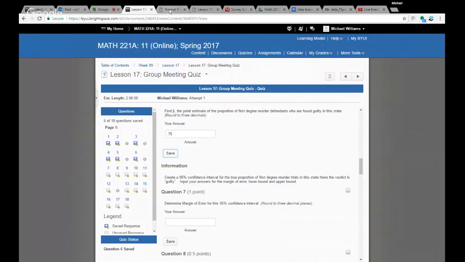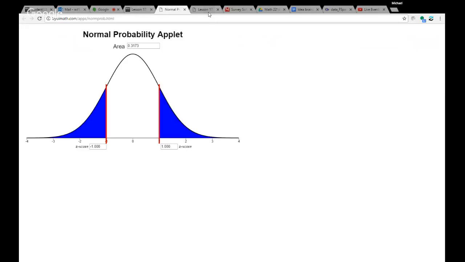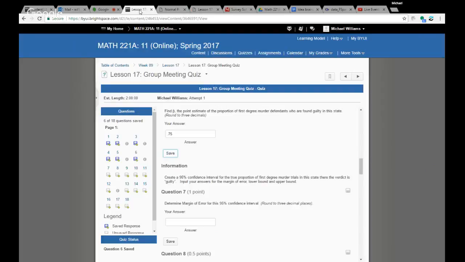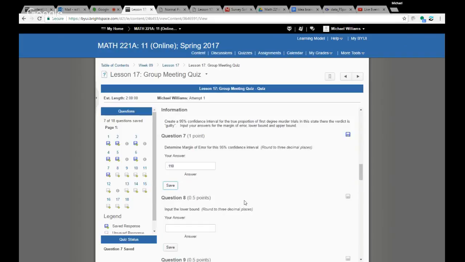All right, and then we're going to times that by 1.96. If I did my math right, I got 0.1095, so that would round to 0.110. Is that what you got? Yes. Sweet, that's what we'll go with.